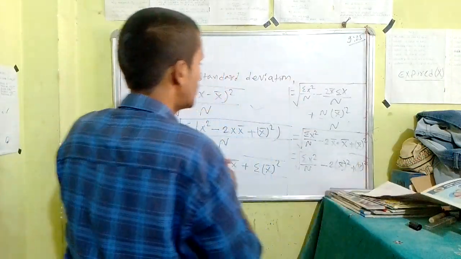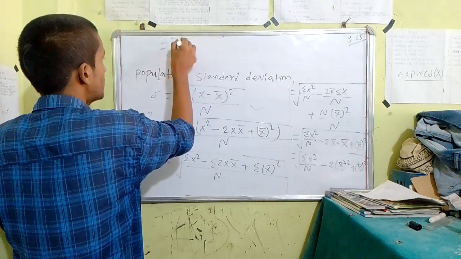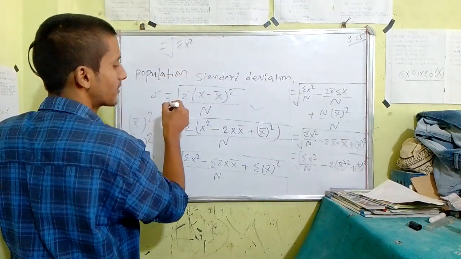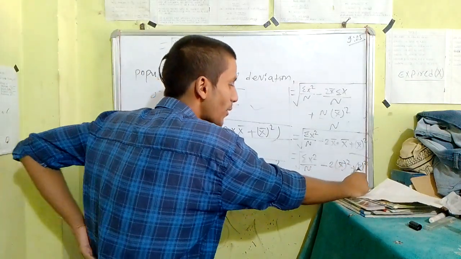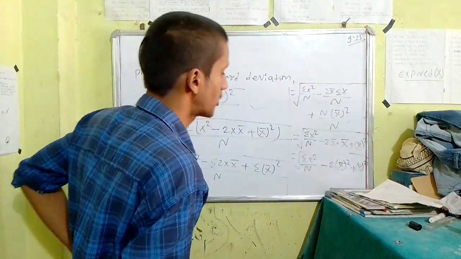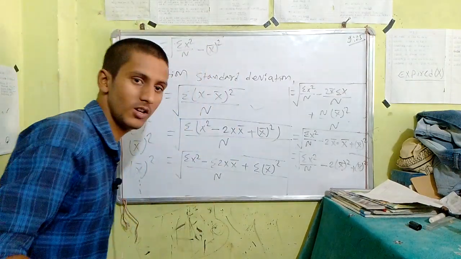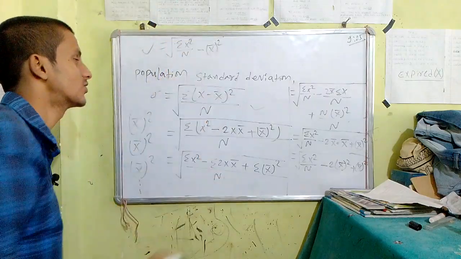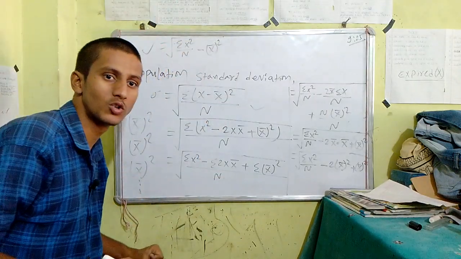So this will be equal to summation x squared over n, and then this will be what? You have x bar squared minus 2 x bar squared, which gives minus x bar squared. And that's the formula. This is it. Summation x squared over n minus x bar squared.